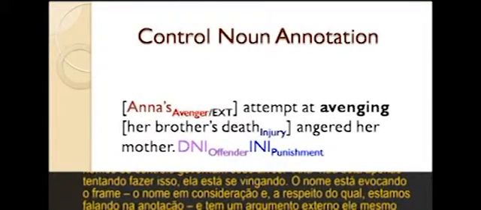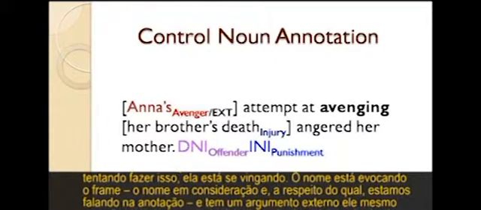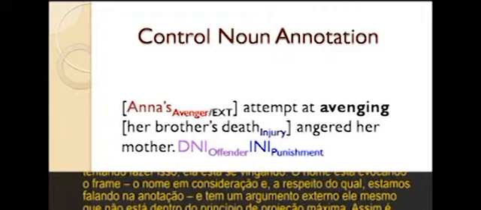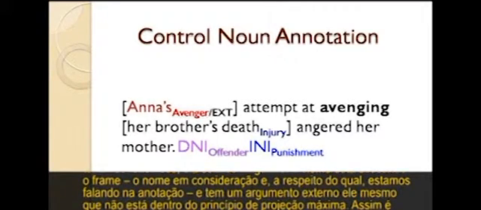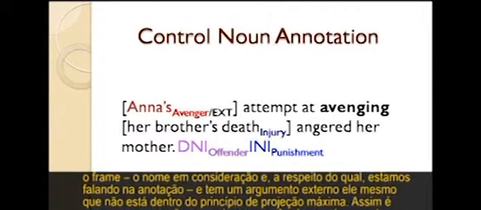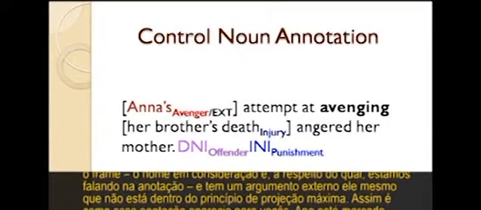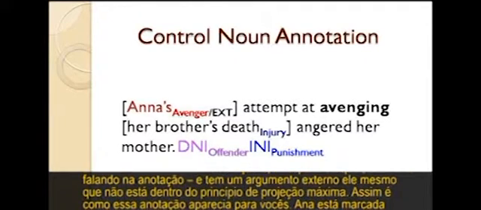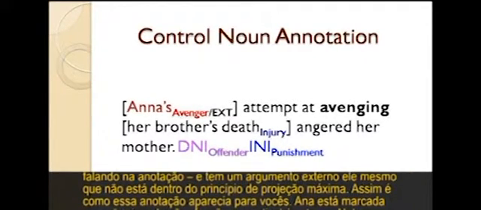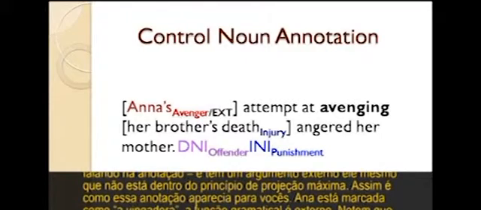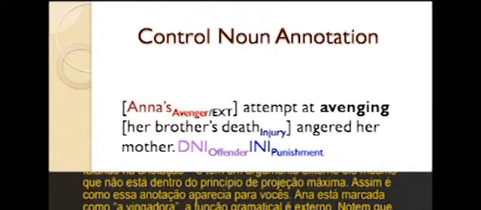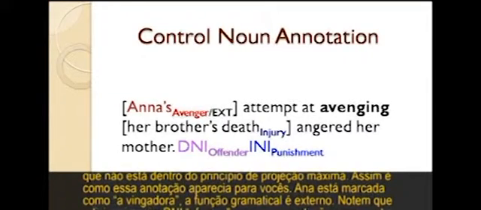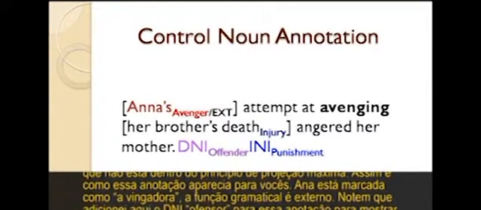And this is what that annotation would look like. Anna is marked as avenger, and external grammatical function. Notice that I added DNI, offender, and INI to this annotation, beginning, I hope, to show you that there's a lot of information provided in a single annotation.